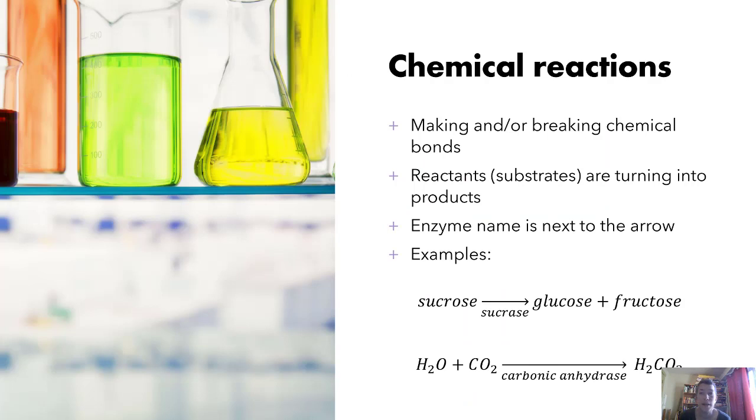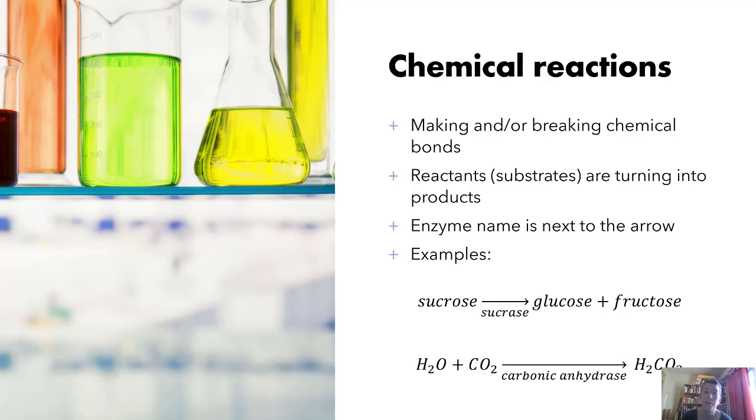So we mentioned that enzymes catalyze chemical reactions. A chemical reaction is just a process that makes and or breaks chemical bonds. In a chemical reaction, the starting molecules are called reactants or substrates. These molecules will turn into new molecules that we call the products.